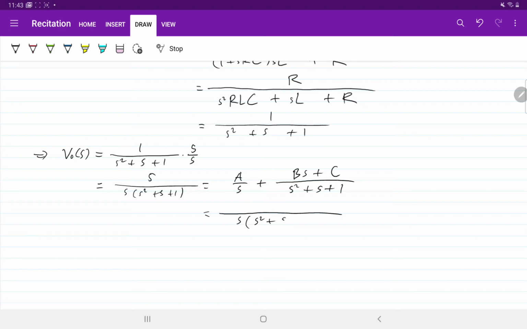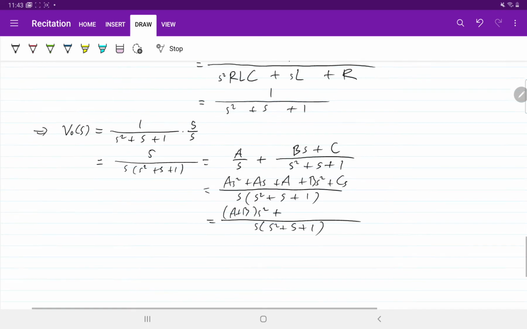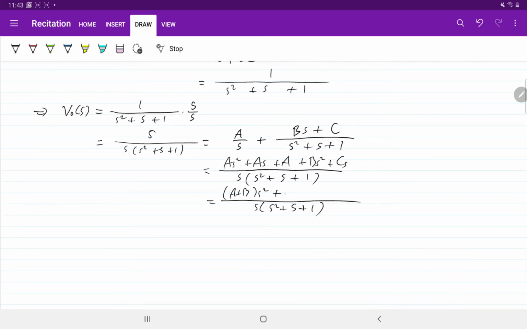This is AS squared plus AS plus A plus BS squared plus CS, over S times S squared plus S plus 1. Then this one is A plus B times S squared, plus the coefficient of S, we have A plus C times S, and then A.